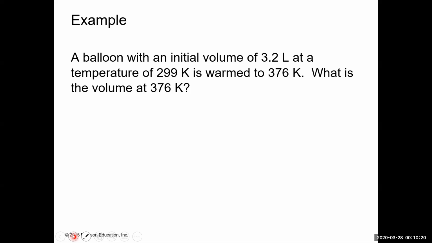So let's look at an example problem using Charles' law. Here we have a balloon with an initial volume of 3.2 liters at a temperature of 299 Kelvin, which is warmed to a temperature of 376 Kelvin. What is the volume at that 376 Kelvin?